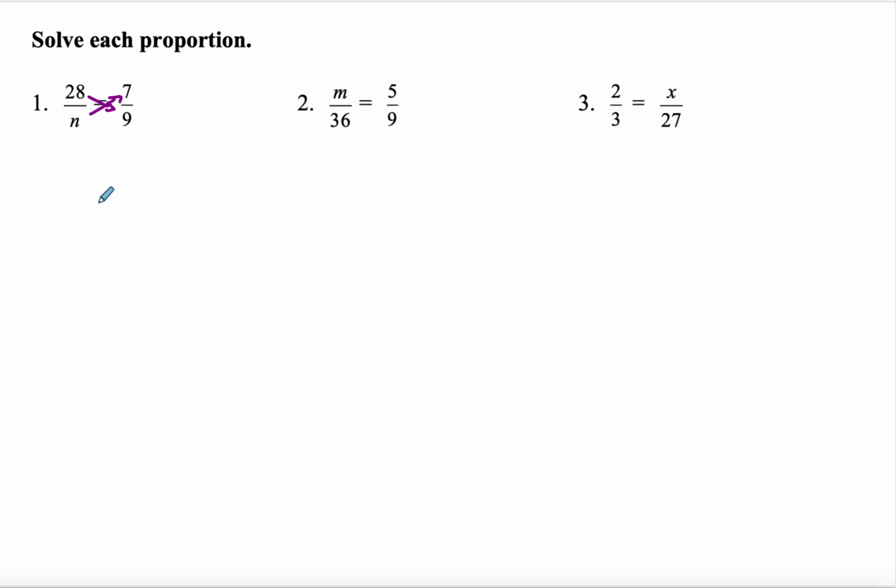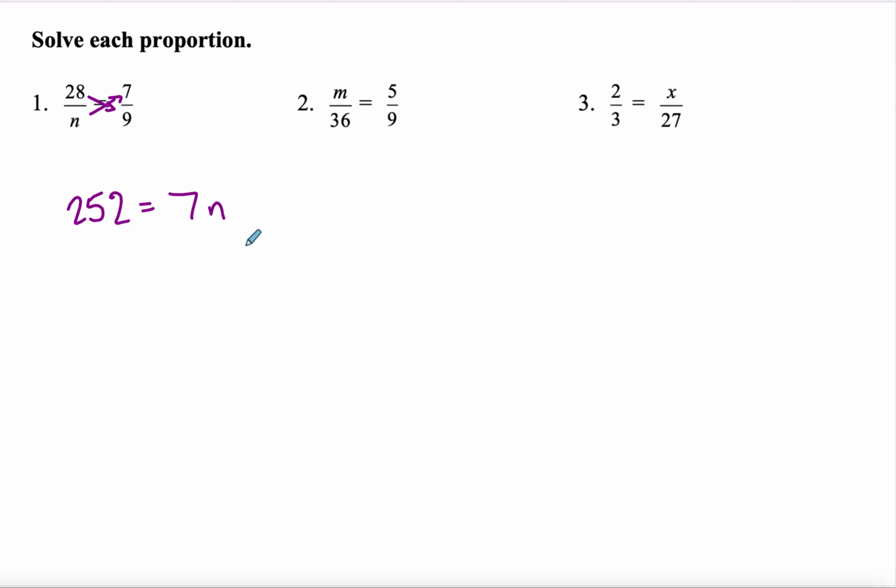So we have 28 times 9. Let's use a calculator here. 28 times 9 is 252, equals the other side of the cross, 7 times n.